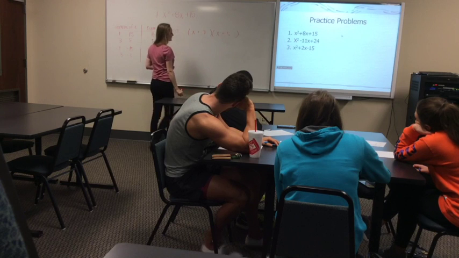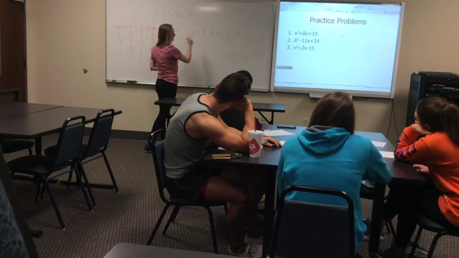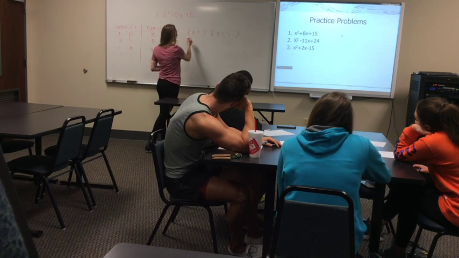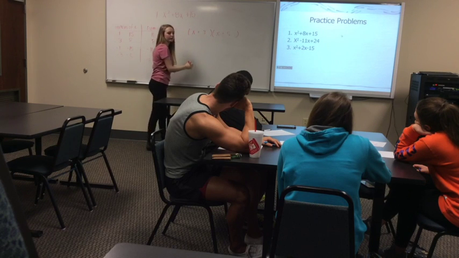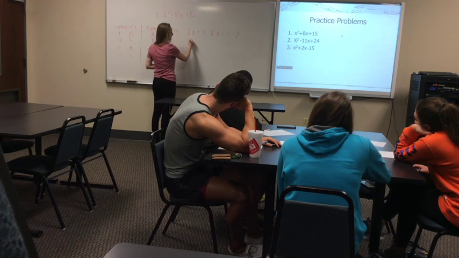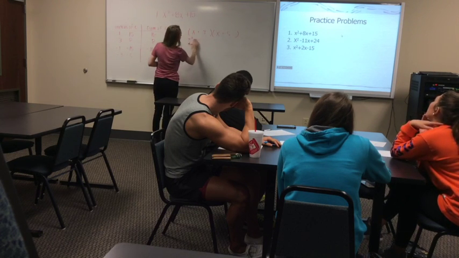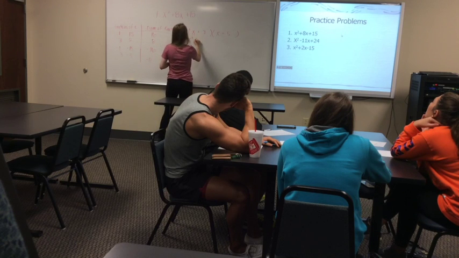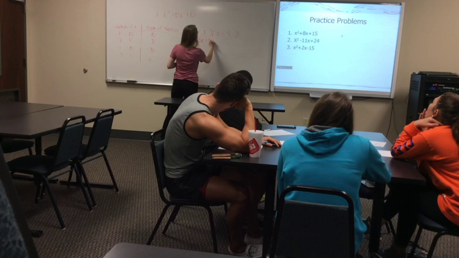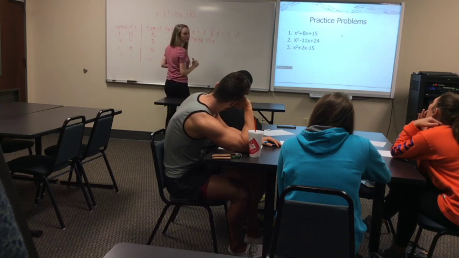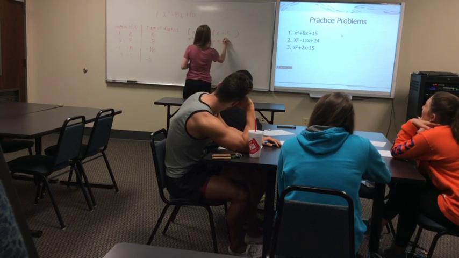Okay, so I can go back and check that by multiplying this out with the FOIL method. Walk me through that. What do I get? X squared, plus 3x, plus 5x, plus 15.